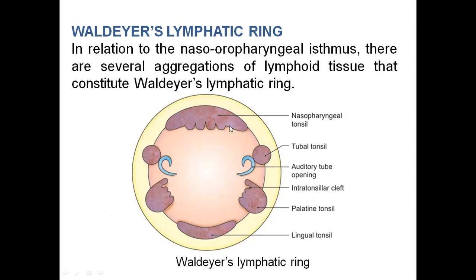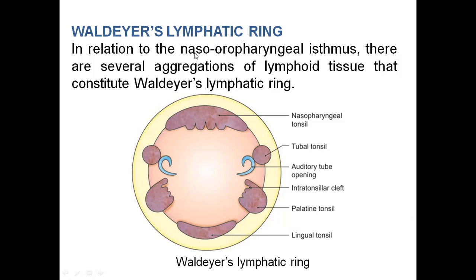So the nasopharyngeal tonsil, the pair of tubal tonsils, the pair of palatine tonsils and the lingual tonsil completely form a ring at the entry point of the oral cavity into the nasopharynx and into the larynx. That defense mechanism formed by such rich lymphatic tissue is nothing but Waldeyer's lymphatic ring.